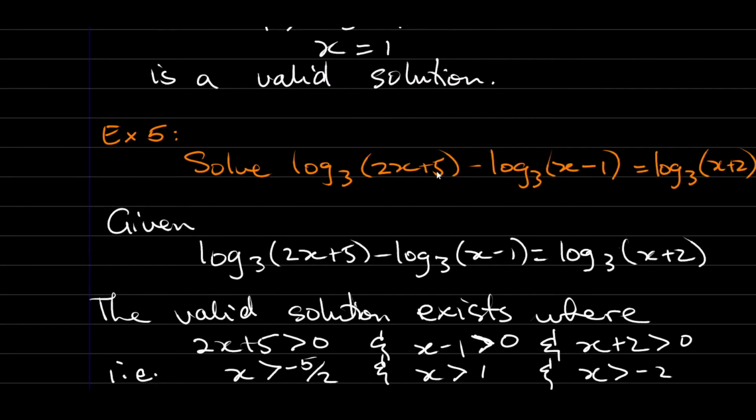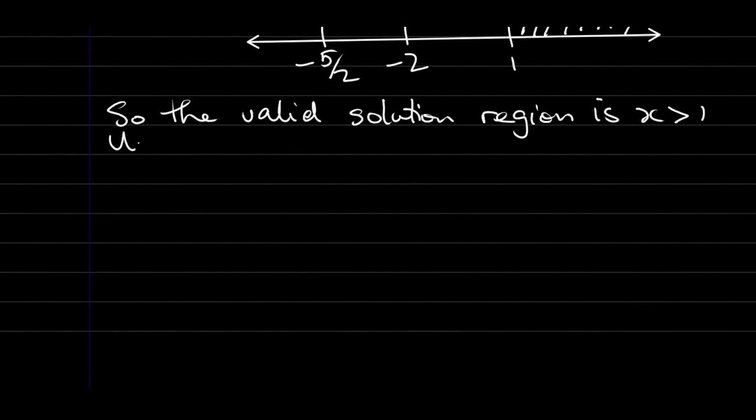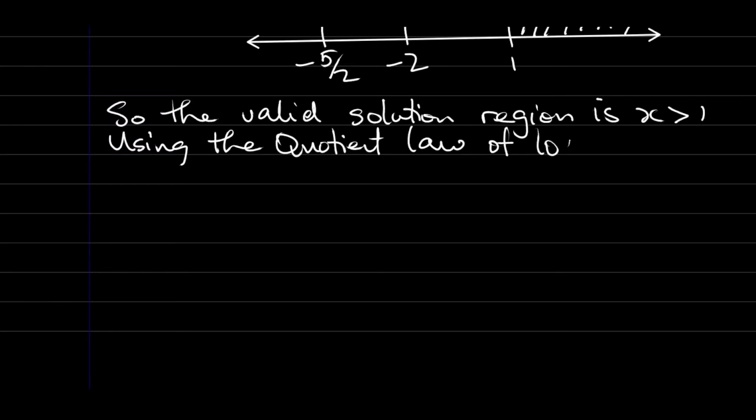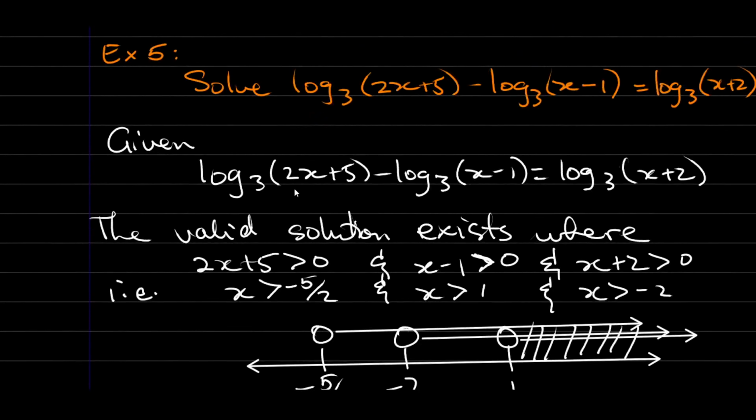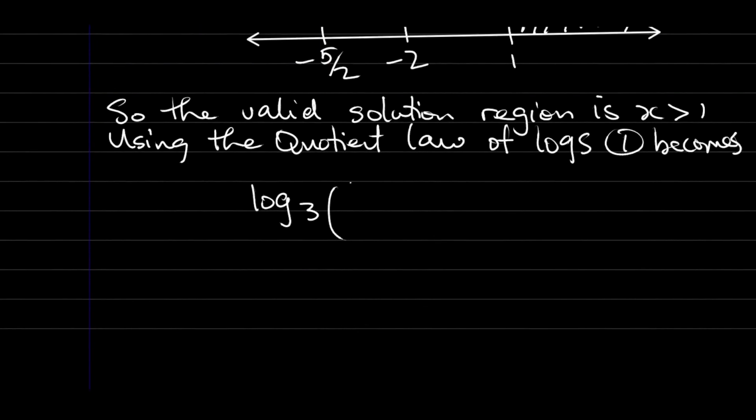And we have here a quotient, so let's use the quotient law of logs. That becomes log to the base 3 of (2x plus 5)/(x minus 1) equal to log to the base 3 of (x plus 2).